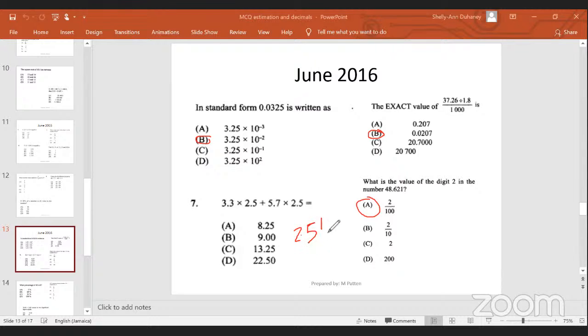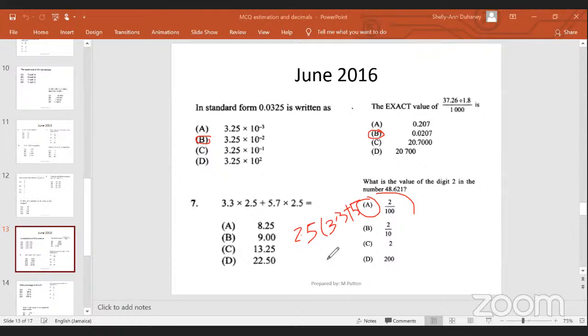Yeah, and I just multiplied 3.3 and 5.7. Okay. So when we multiply out that, what do we get?